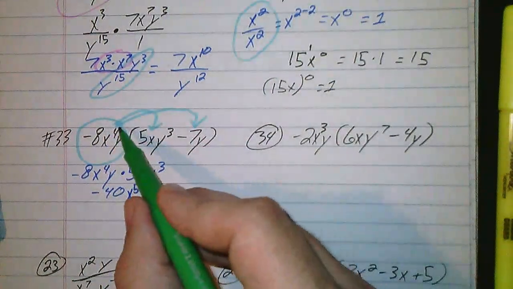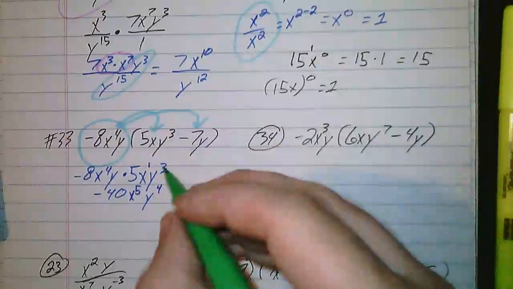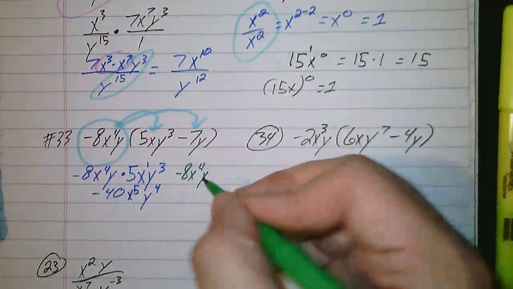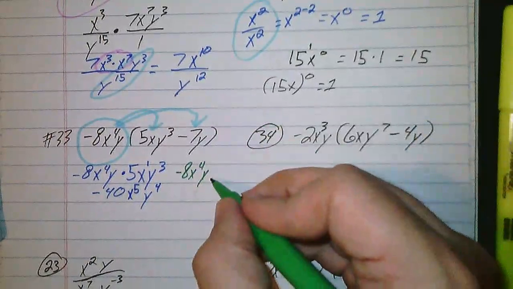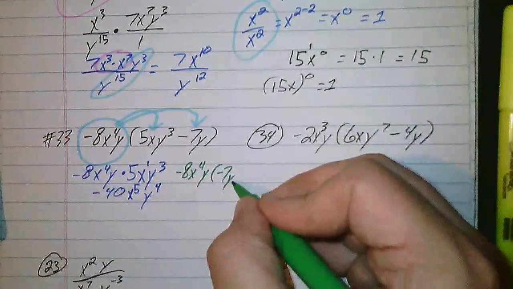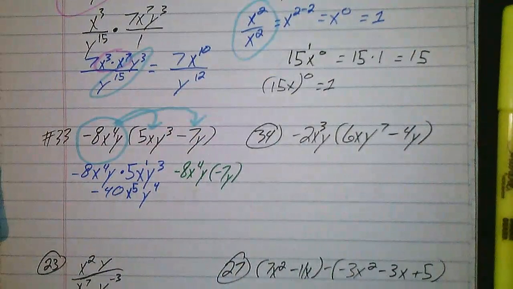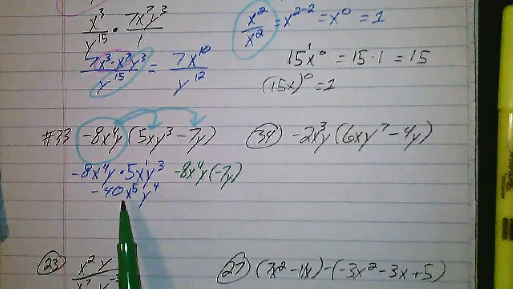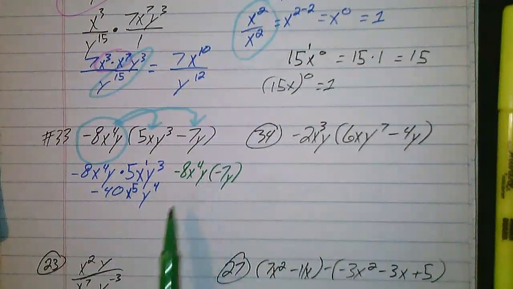And then we have to take this negative 8x to the fourth y and multiply it to negative 7y. And the sign between this term and what we get here will be either positive or negative.